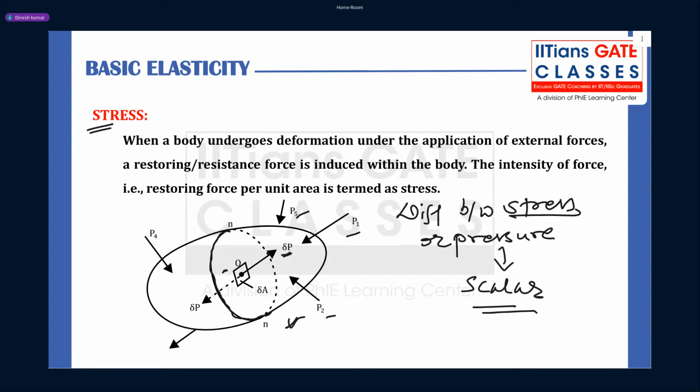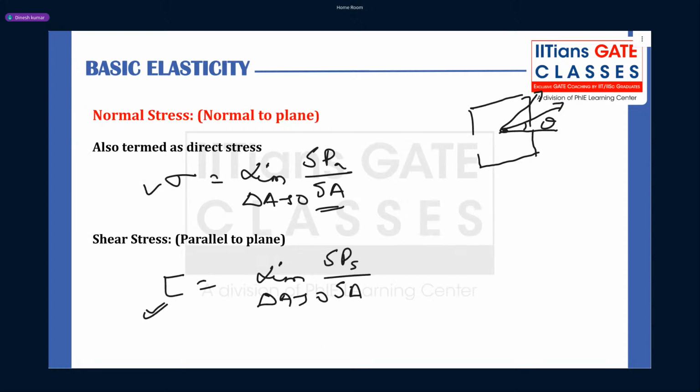The shearing component of force will give you shear stress, and the normal component will give you normal stress or direct stress. Okay, so this is in general. Now guys, sigma and tau are Greek letters for normal and shear stress. But in actuality, in basic elasticity, what do we use for stresses, can anybody tell? Do we use just sigma and tau alone or something extra than that?